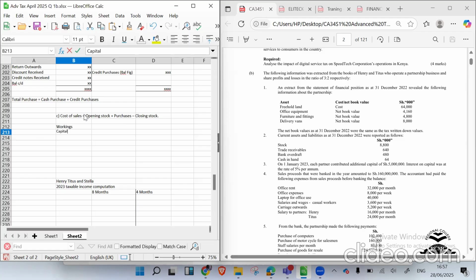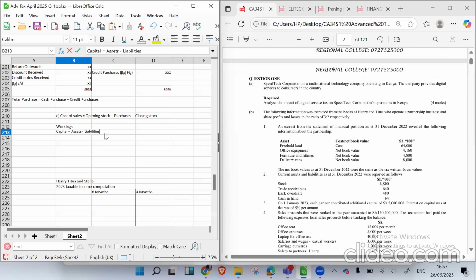Capital equals to assets minus liabilities. So that is capital at the beginning of the year. So at the beginning of the year, assets tuko nazo ziko kwa note number 1 na note number 2. Na liabilities pia.